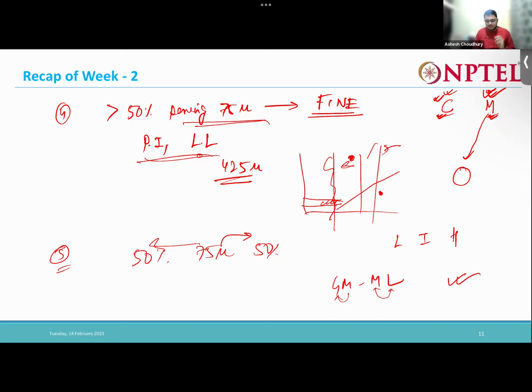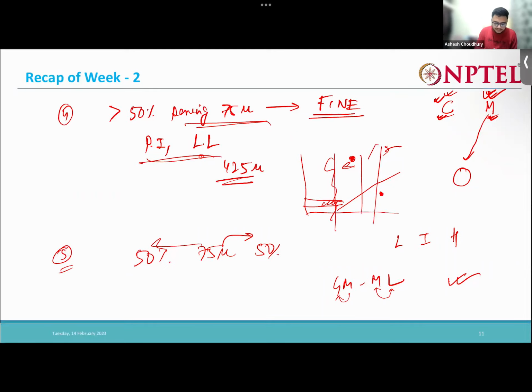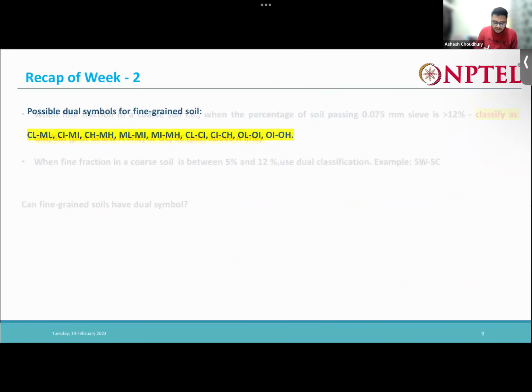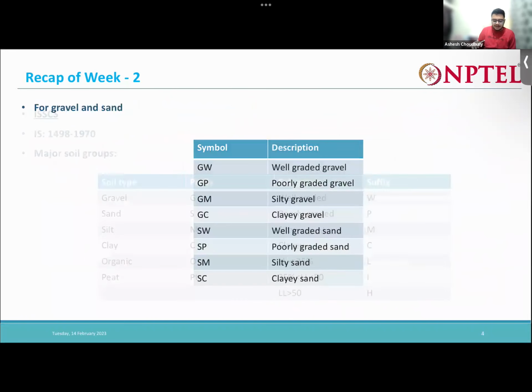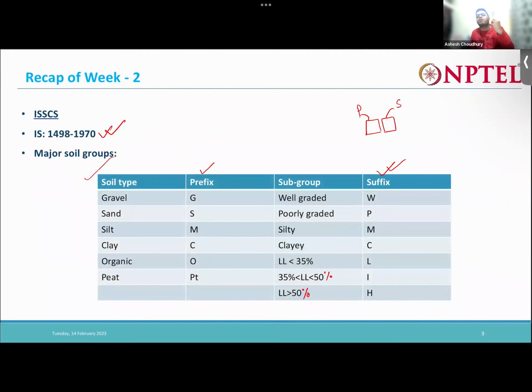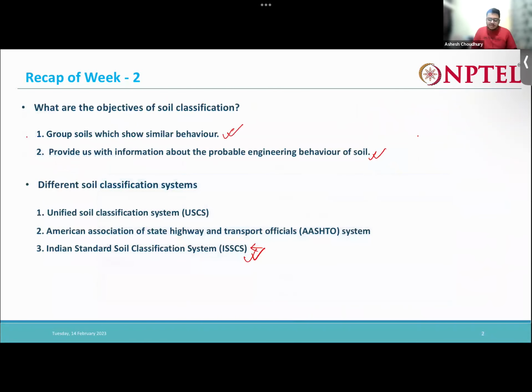Up to this, it was the classification part, how we classify the soils. First, let me summarize very rapidly whatever we studied. First we studied why we classify the soils, that is to group them and provide information on the probable engineering behavior.